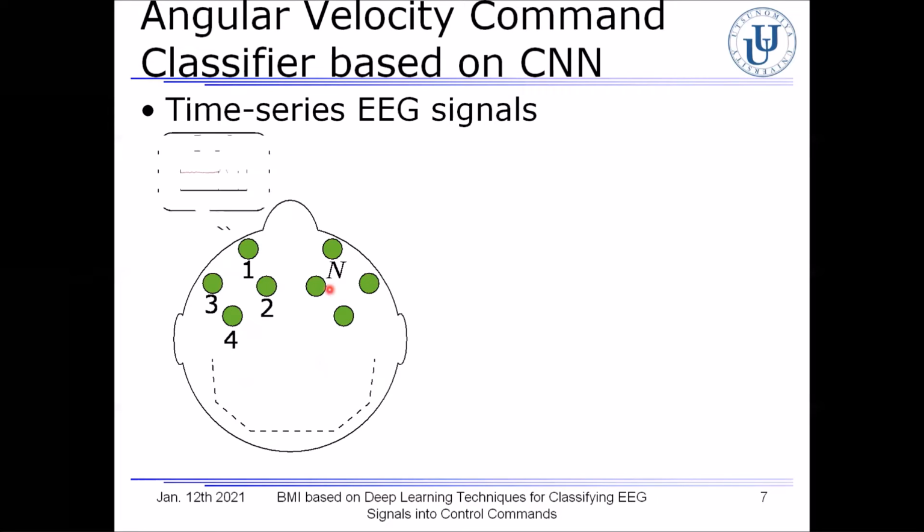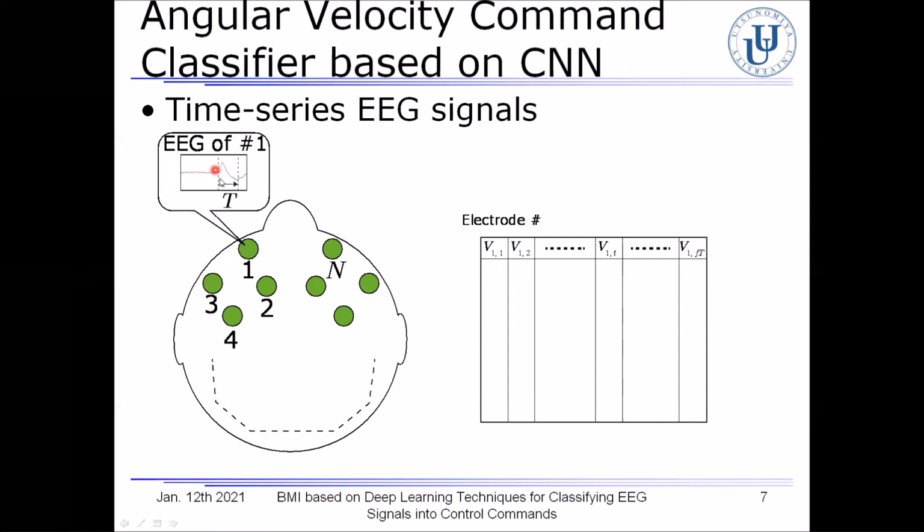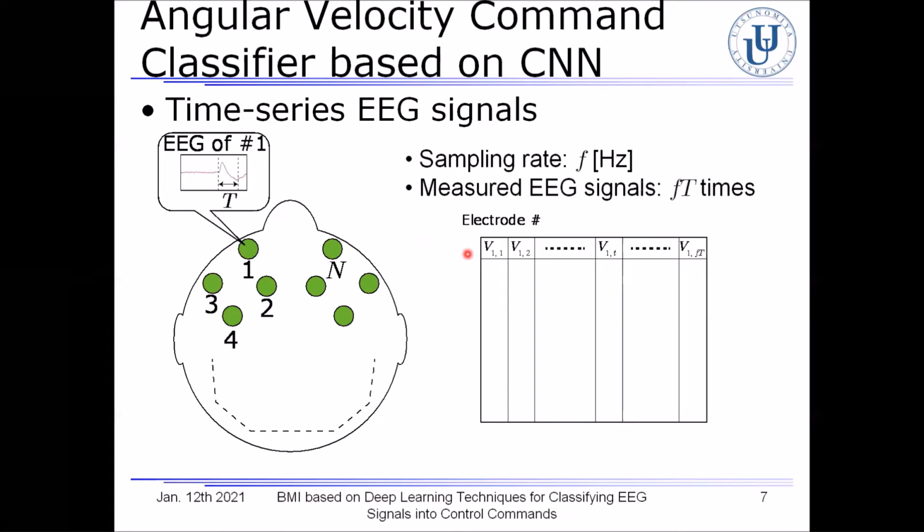As an example, the time series EEG signal in t seconds at the first electrode is stored into the first row in the input format. Given the sampling rate and measured EEG signals, each row consists of f times t elements in total.